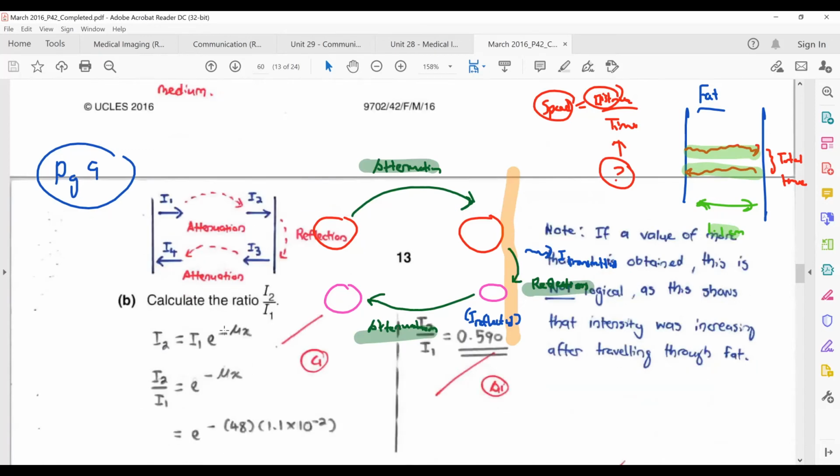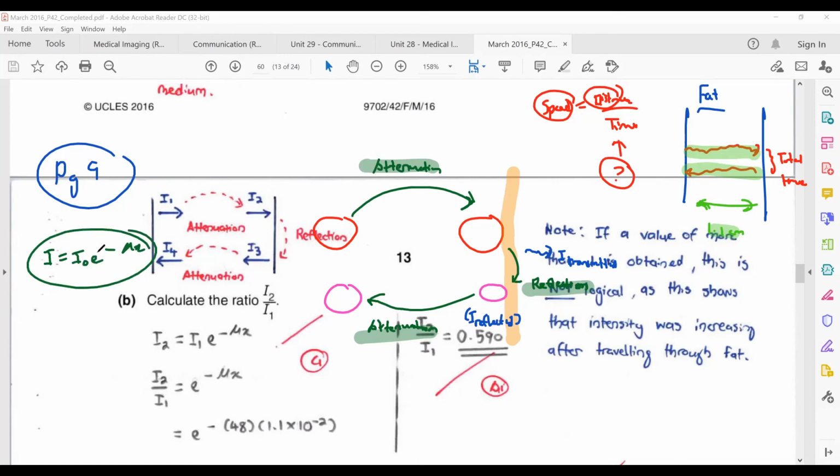When they ask you what's the ratio of I2 to I1, as I mentioned to you, this is actually the result of attenuation. I2 is the remaining intensity after I1 has been attenuated. So when it comes to attenuation, you know that there's a general equation that you can use, which is I equals I naught exponential negative mu x.